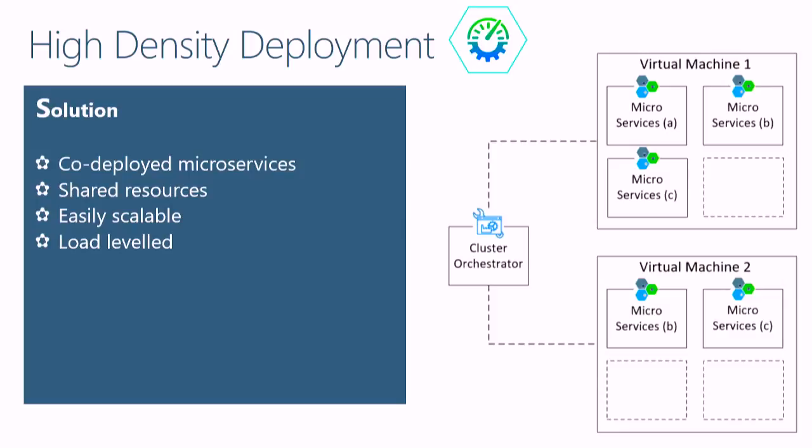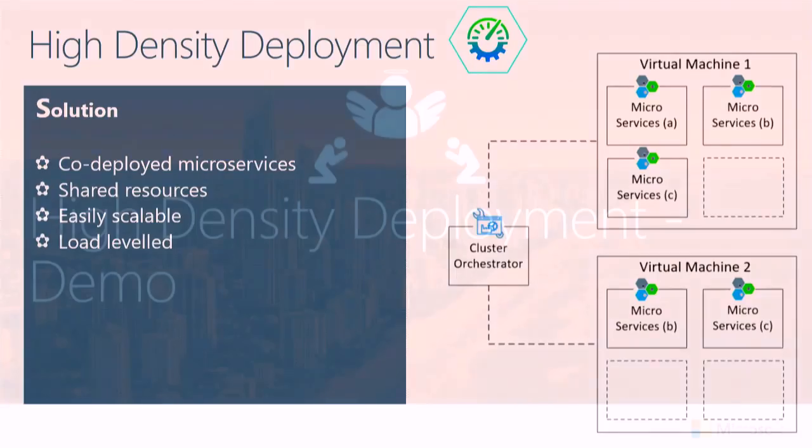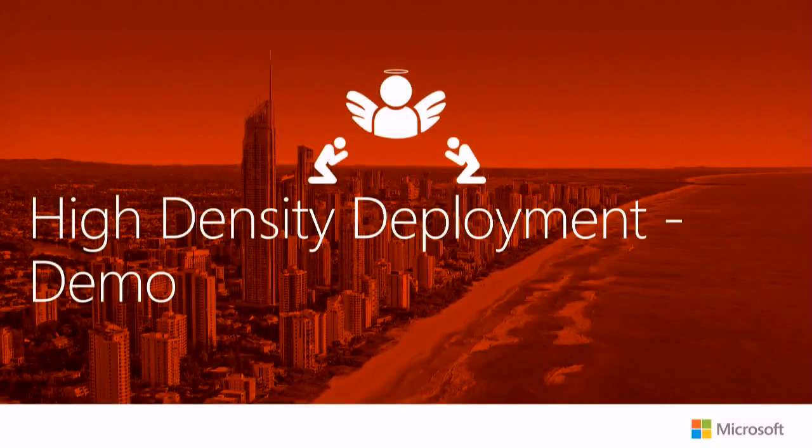The orchestrator should be able to manage your deployments in a way that it moves microservices which require a similar set of configurations to a particular VM and then load level them. So as and when need arises, it should be able to move the microservice instance between nodes. Jumping on to a demo.